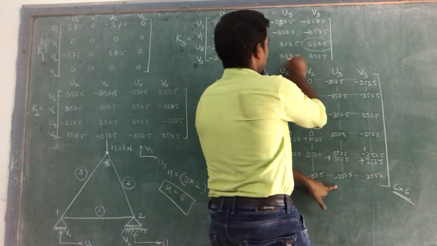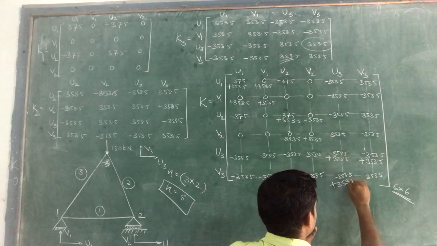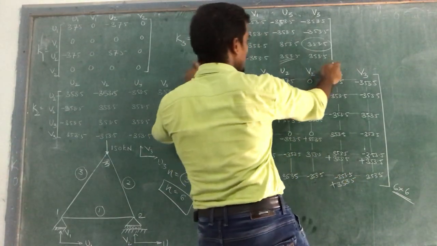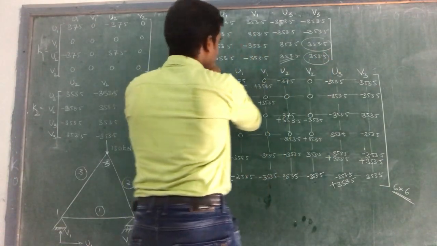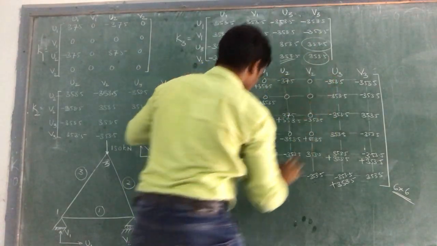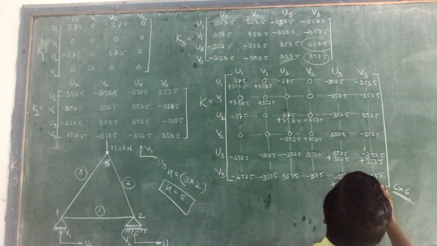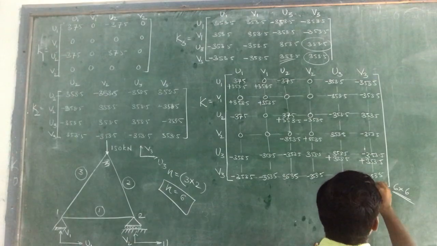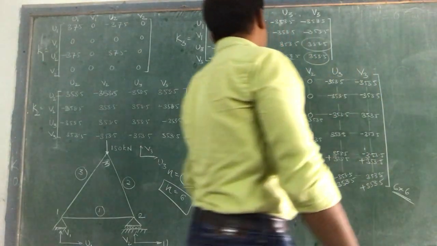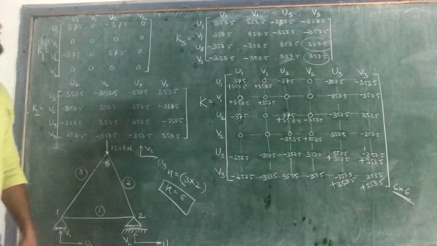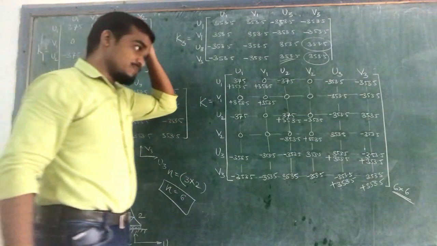This value should be there, plus 353.5. Similarly, V3 row, V3 column. So it should be there, and this value is plus 353.5. Okay, so in this way we have placed all these elemental stiffness matrices elements over global stiffness matrix.